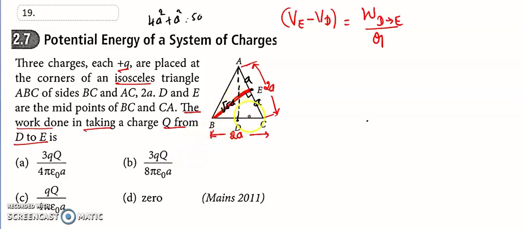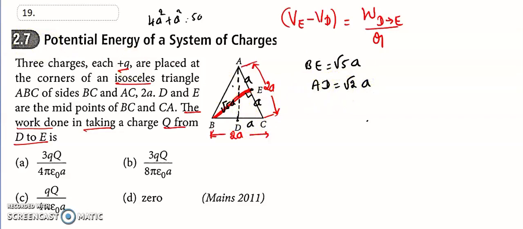So BE is equal to root 5A. What is AD? AD is A squared plus A squared, that is root 2A.